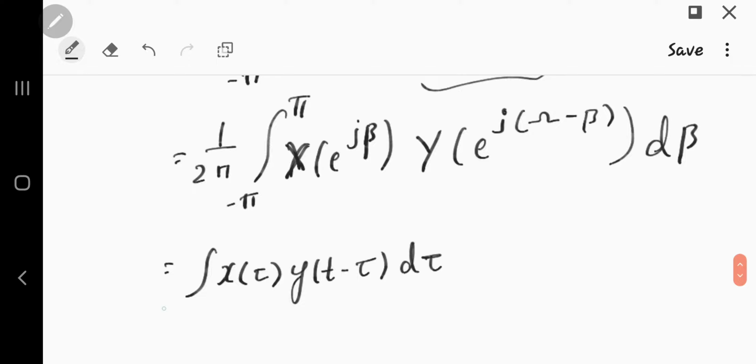So this is for one particular duration, 0 to t, or this will be one particular time period t.